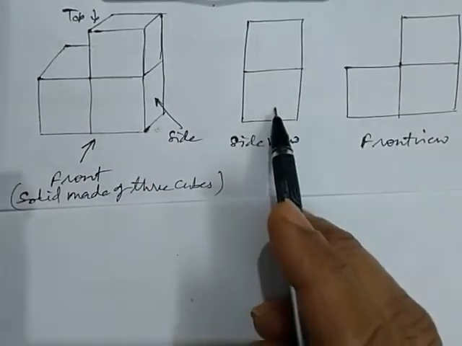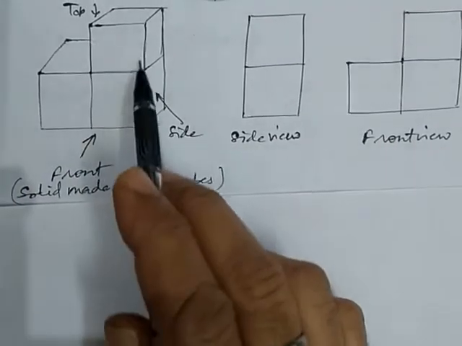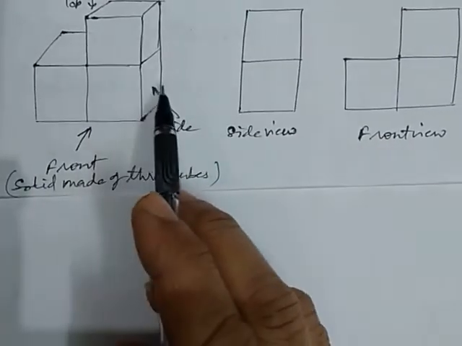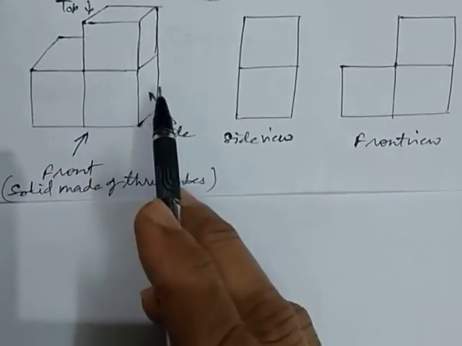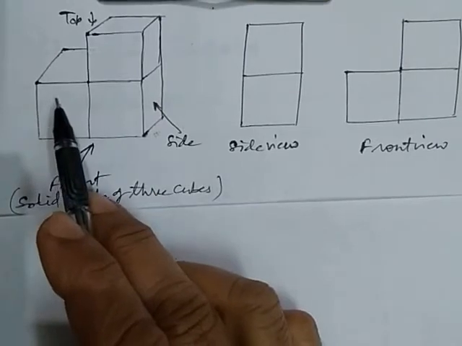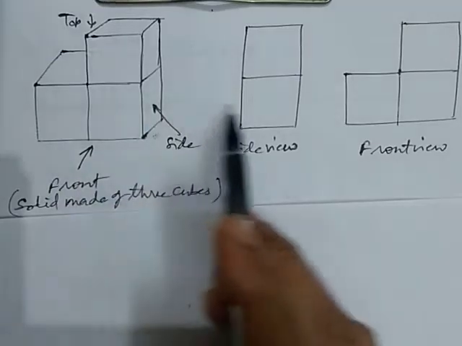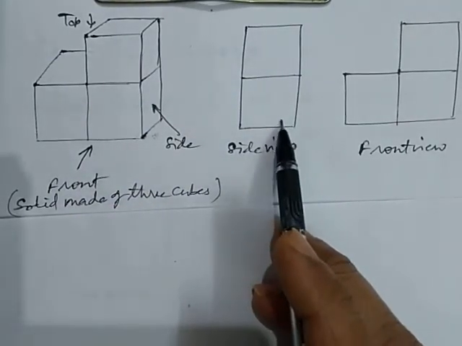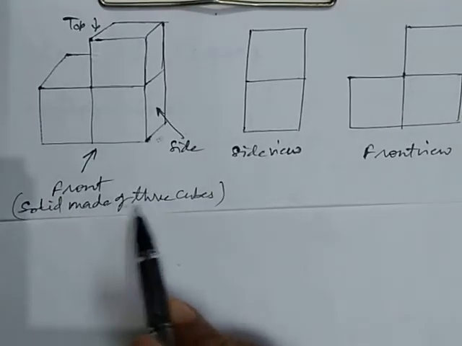So this is the side view of this setup. Although there are 3 cubes, when we look at this setup from this side, this cube is hidden behind these 2. Okay, so the side view looks like this. This is the side view of this setup. The setup is a solid made of 3 cubes.